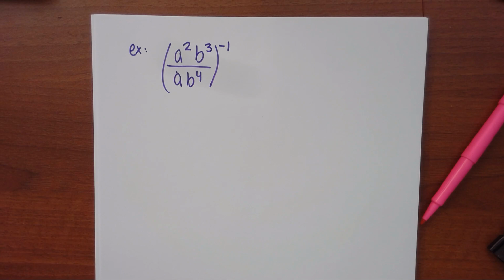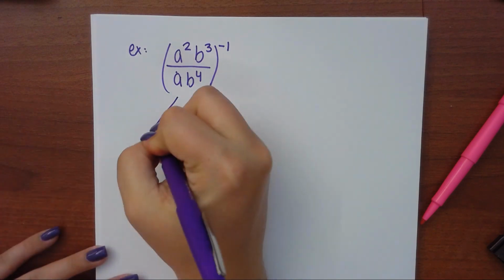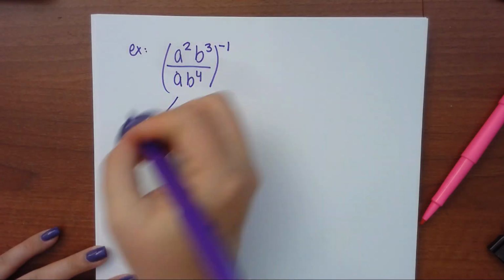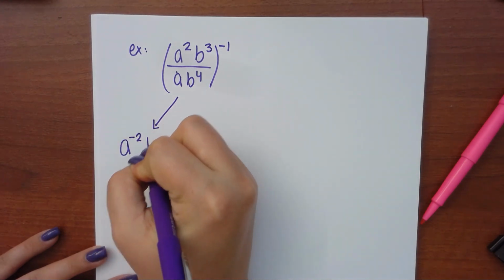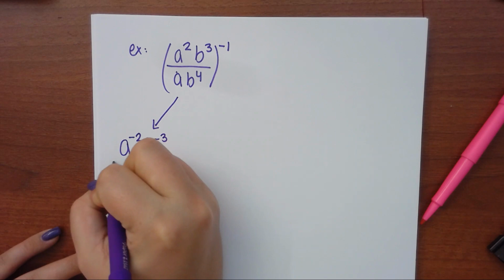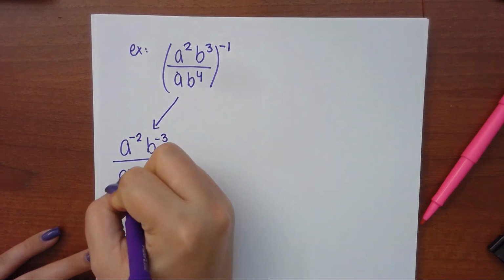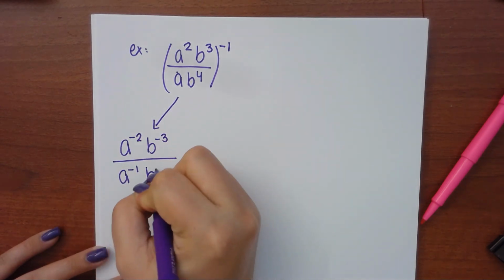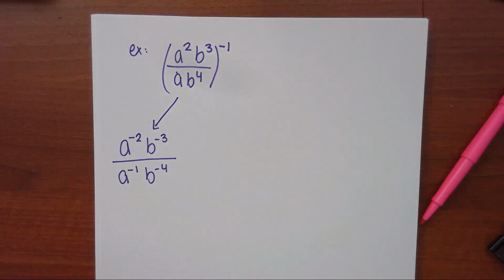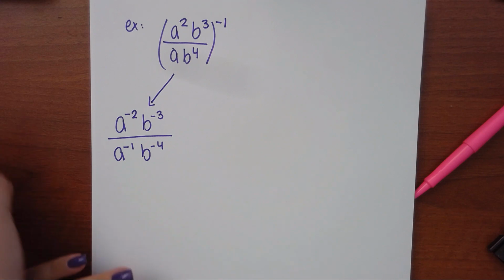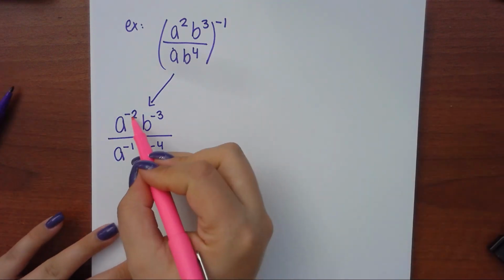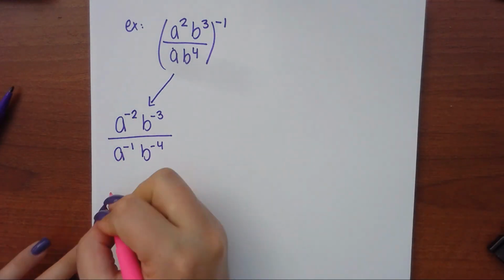The first one being, let's distribute the negative to everything. So this is a messier route, but I have a to the negative 2nd, b to the negative 3rd, over a to the negative 1st, b to the negative 4th. To continue, I would take a to the negative 2nd and a to the negative 1st, and I would subtract the exponents.